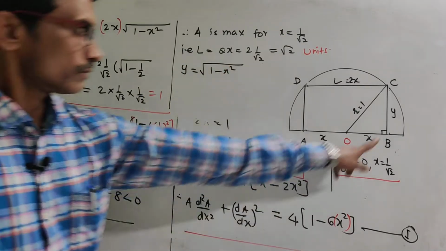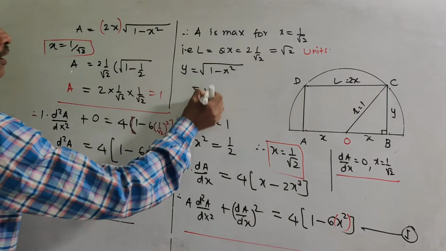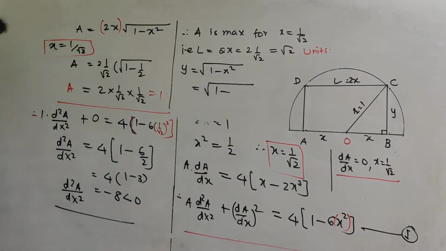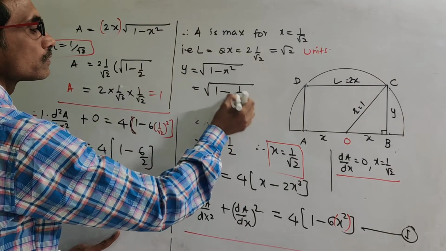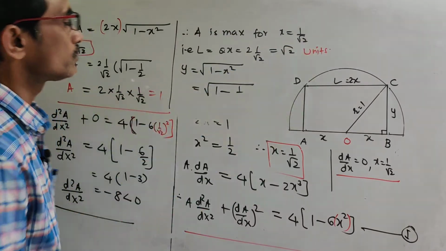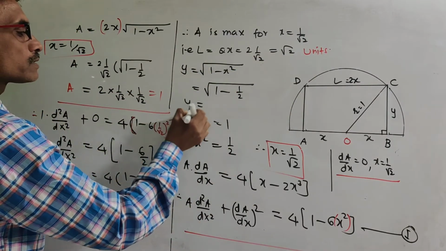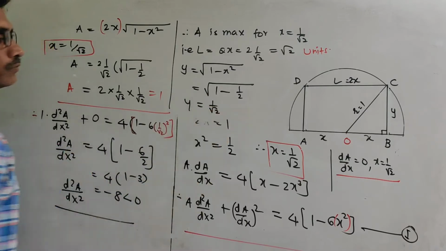X is 1 by root 2, its square is this, so y is equal to 1 by root 2.